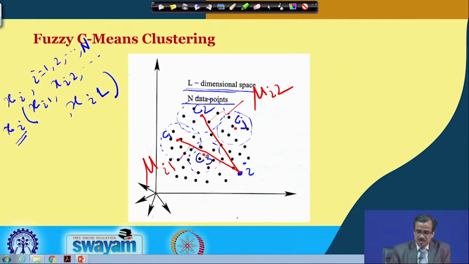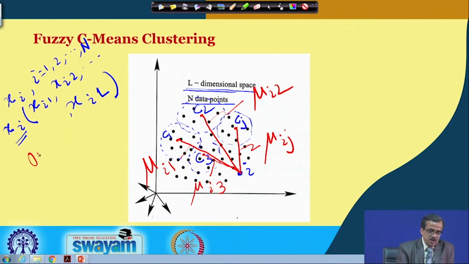Between the third cluster and the ith data point is mu i3, and similarly between the ith data point and the jth cluster, the membership function value is mu ij.